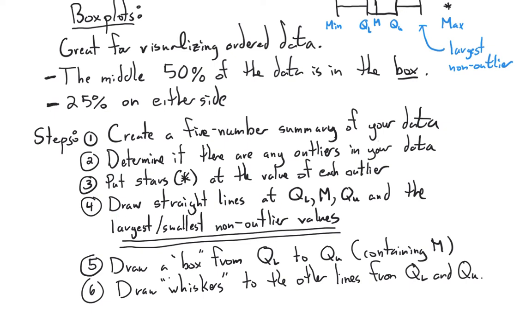Then we draw straight lines at the lower quartile, median, and upper quartile, and the largest and smallest non-outlier values. Then we put a box around the middle 50% of our data and whiskers from the lower quartile to the minimum and the upper quartile to the maximum. Or if it's not the minimum and maximum, it's the largest and smallest non-outlier values. So that's how this works.